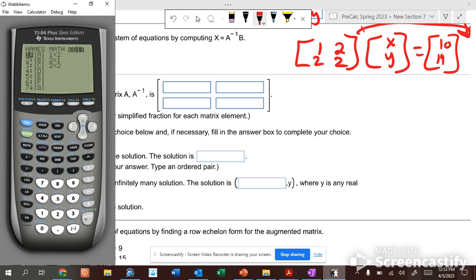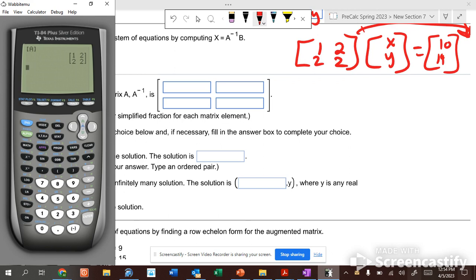So push the right arrow key twice. And then I want a 2 by 2 matrix. Okay? And my 2 by 2 matrix, I'm going to put in my original one, which is 1, 2, 2, 2. Okay? And then I'm going to quit out of this. I'm going to go second quit.